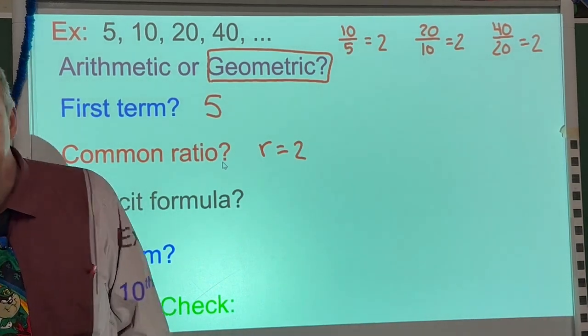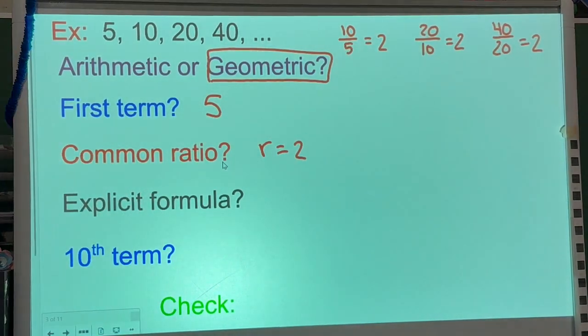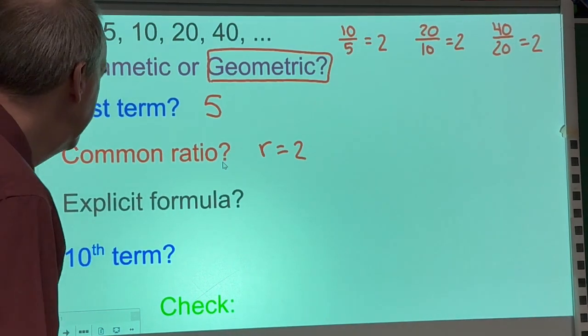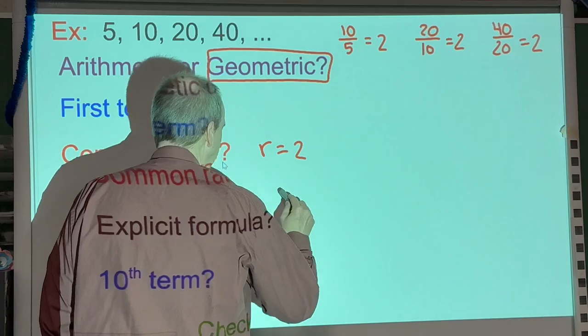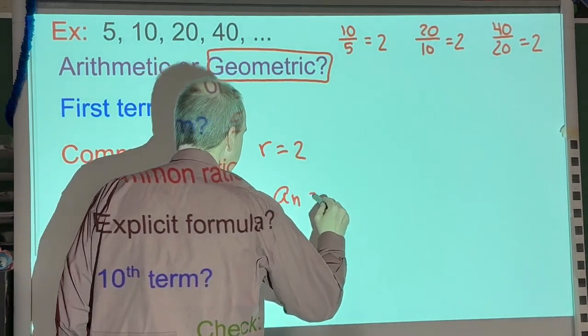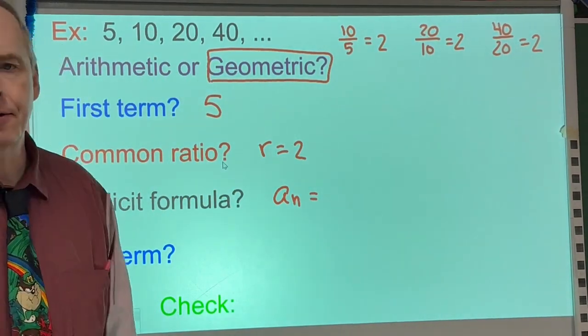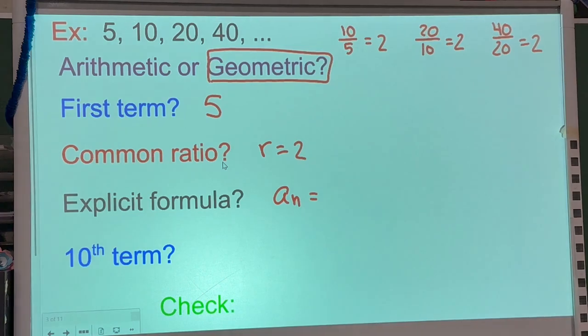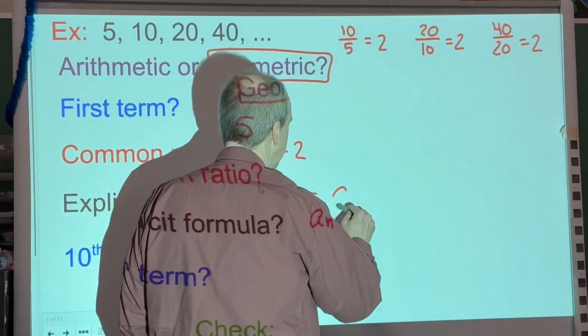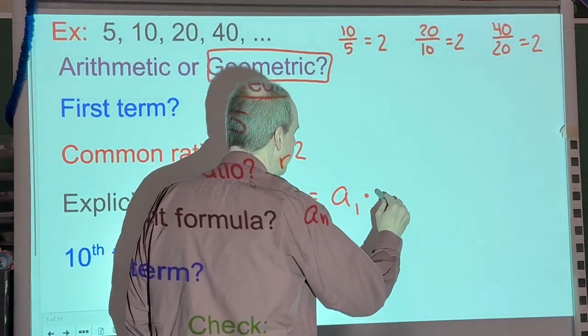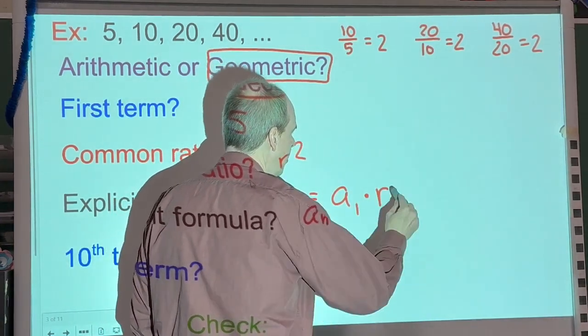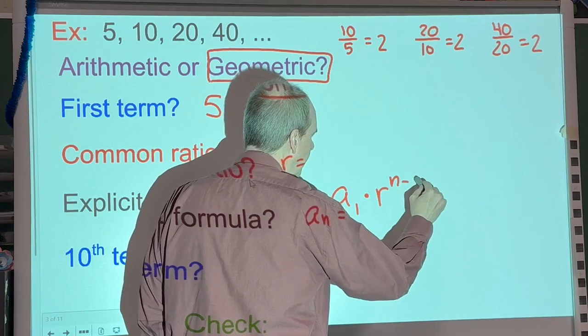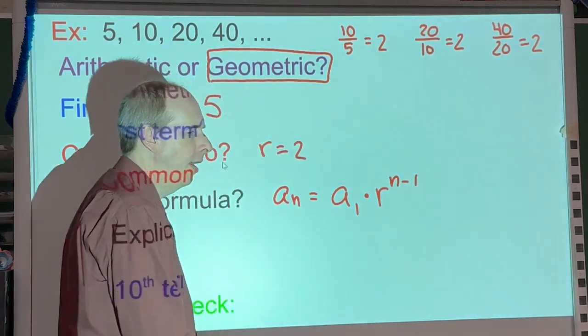Let's write the explicit formula for that geometric sequence. It starts off with a sub n, just like it did with an arithmetic sequence. And then we take our first term, a sub 1, times r, our common ratio, to the exponent n minus 1.